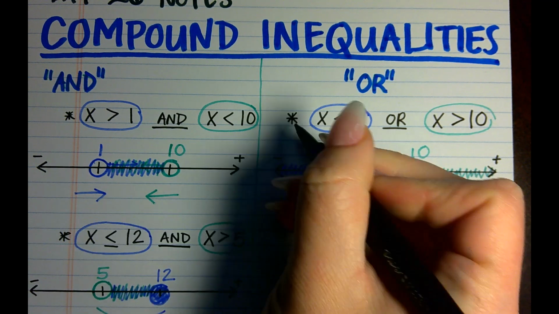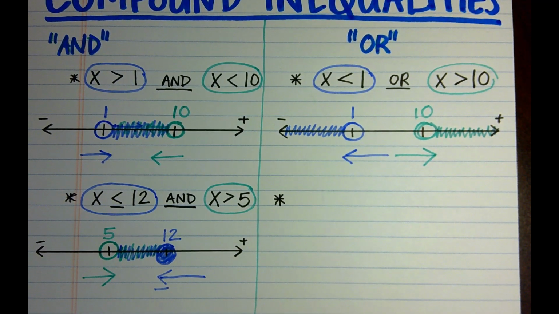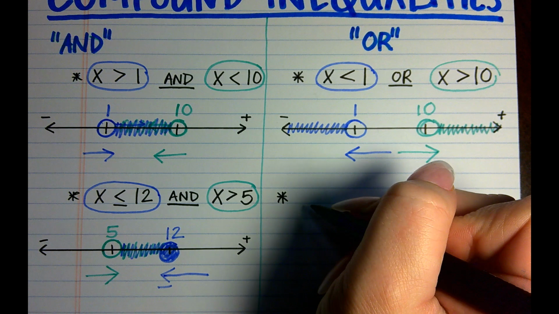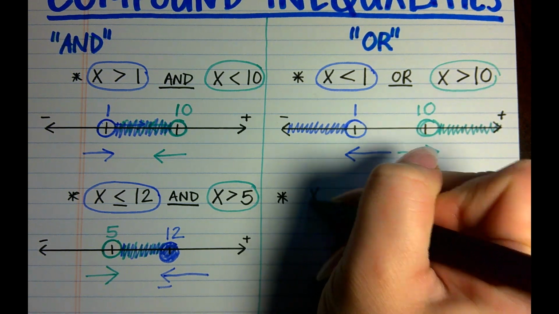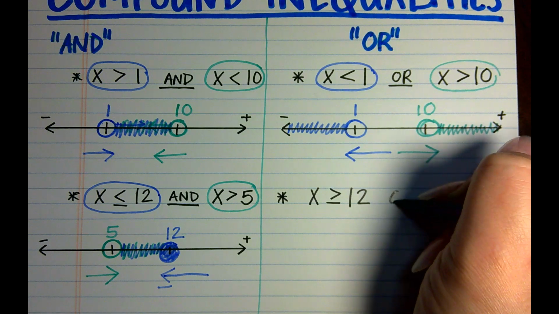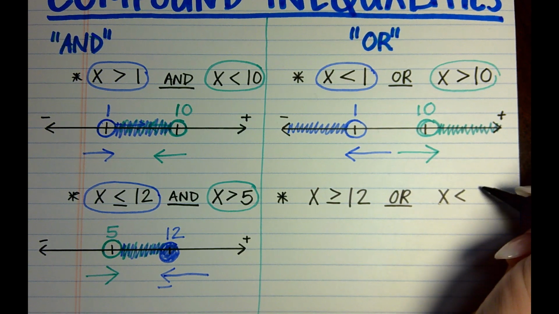I'm going to give you one more example, just for good measure. Use the same numbers again. X is greater than or equal to 12, or X is less than 5.